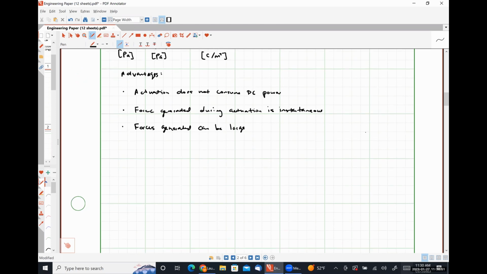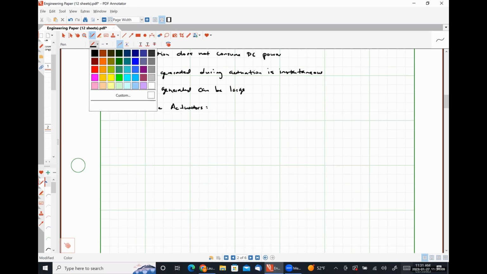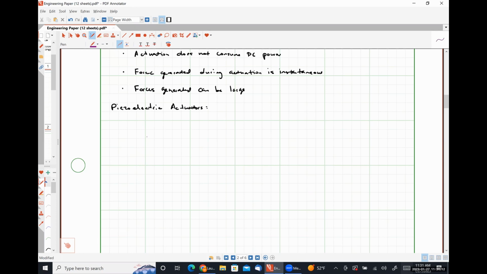So we are going to look at longitudinal and transverse transducers, much like we did when we were looking at piezoelectric sensing. Let's say our longitudinal actuator looks something like this. We have a plate, and these are our electrodes.